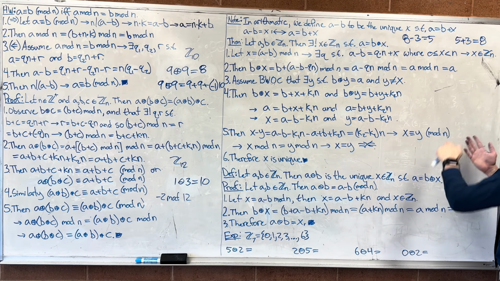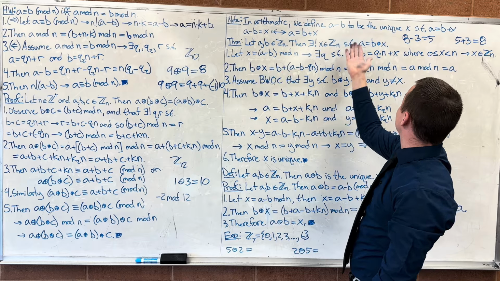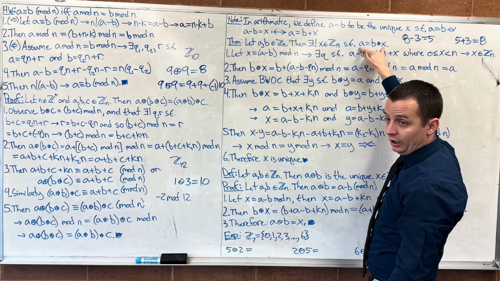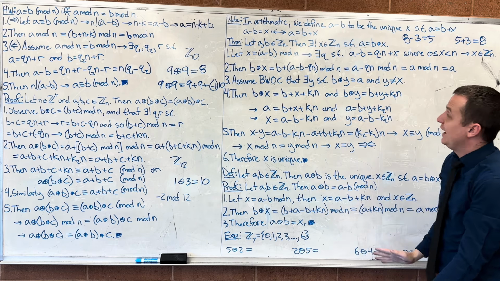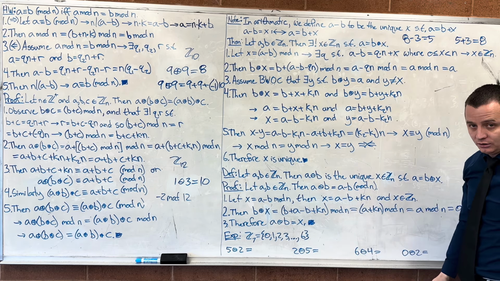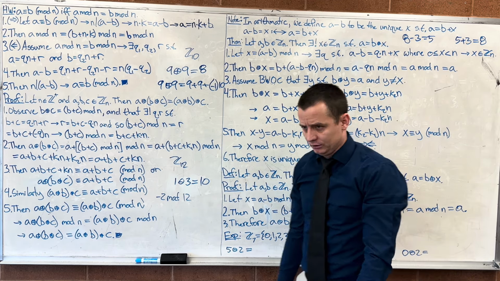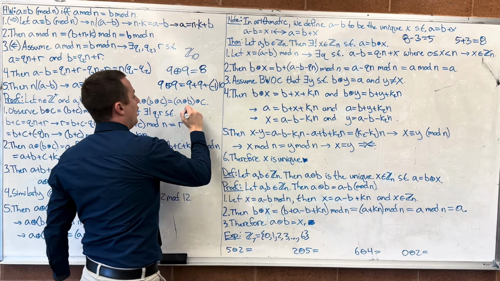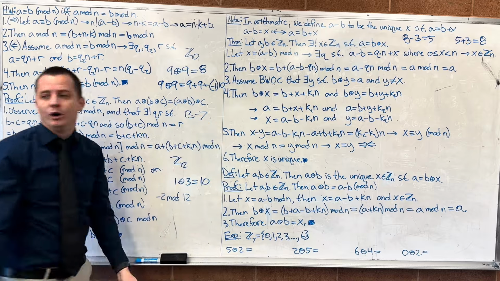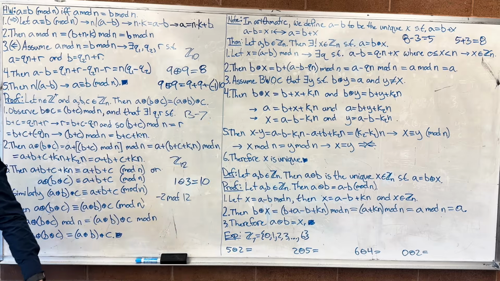Okay, so I proved that this x, in fact, does satisfy this piece now. I showed that b plus x is in fact a. Now the last thing I need to show is that x is unique. It's the only answer. Why is uniqueness so important? We want there to be one and only one answer. I don't want 13 minus 7 to have more than one answer, otherwise I can't figure out what 13 minus 7 is.